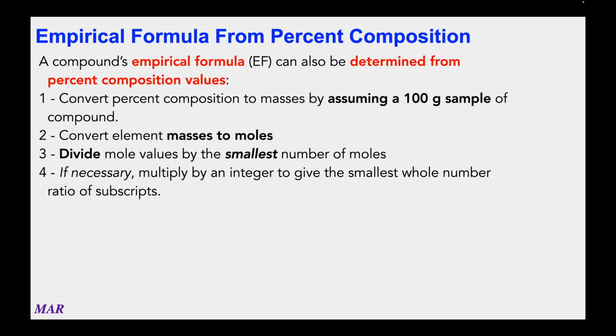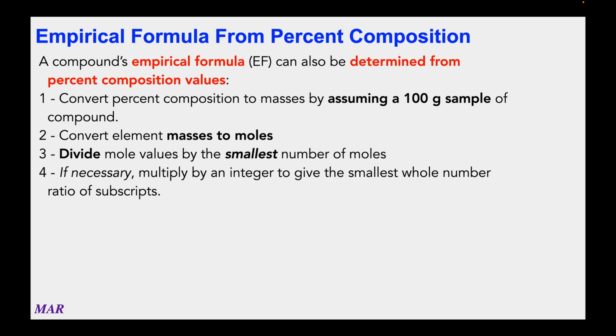Now, the last examples have had actual masses involved. So we had actual gram amounts of, say, carbon and hydrogen or chlorine and oxygen, and that's cool. But you can do the same kind of process with percent composition values. In this example, we're going to have percentages instead of grams, but it's amazingly similar in how you make this happen.